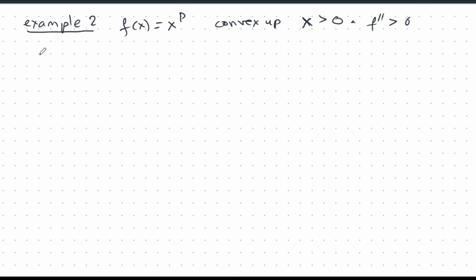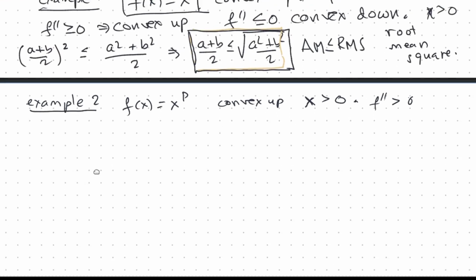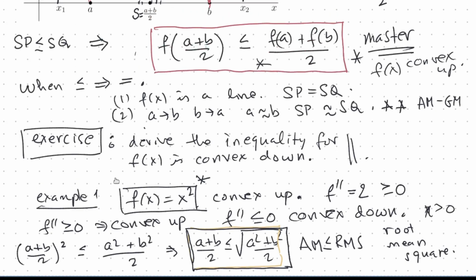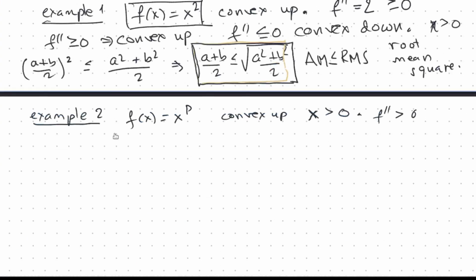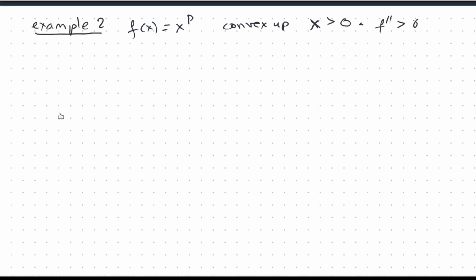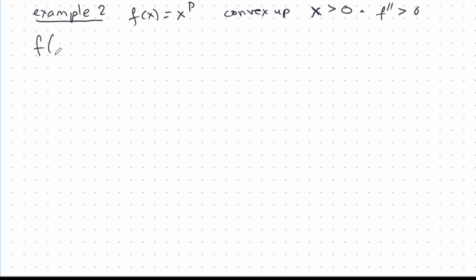So let's see, where does this lead? Well, same thing. Let's go back up here and have a look at our formula. Let's write this thing down again. It's like this. f of (a plus b over 2) less than or equal to (f of a plus f of b) all over 2. All right, where does this lead us?